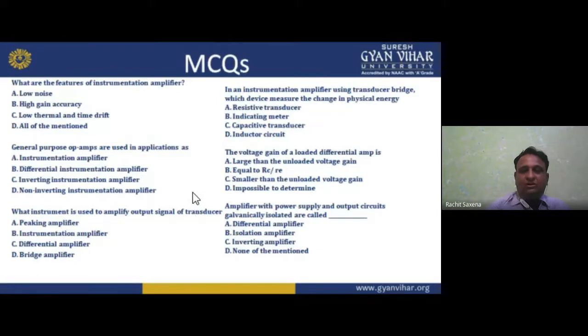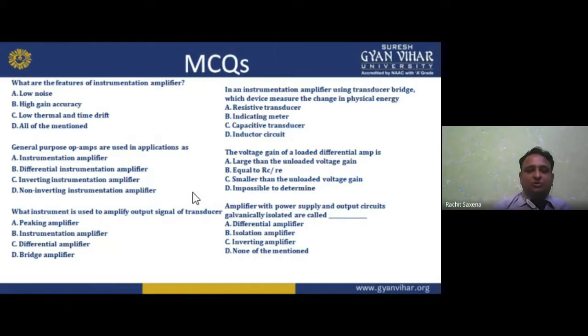Now these are some related MCQs for you. Giving high gain accuracy, the differential instrumentation amplifier is the second. The first is about the features of the instrumentation amplifier, high gain, general purpose op amps, because we are using op amps in this.